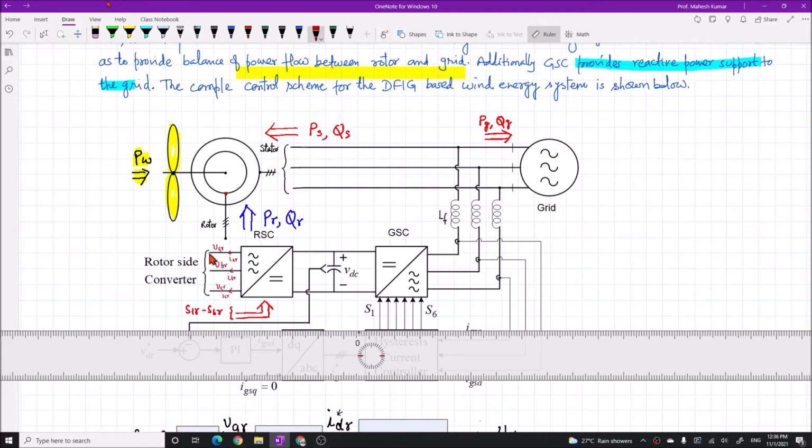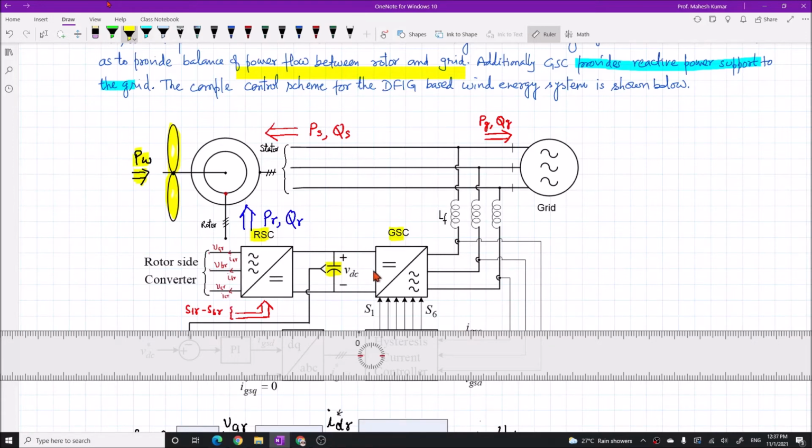These terminals are connected to the rotor circuit through slip rings. Now, coming this side, the DC link of this converter, the rotor side converter, is here. This DC link is common between the grid side converter and the rotor side converter.